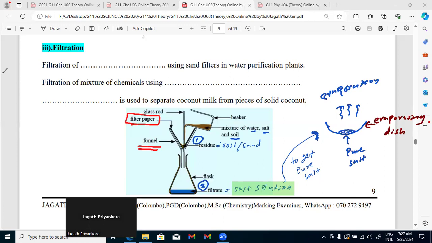Now filtration I have given here, but complete the blanks at the same time. How to do this?